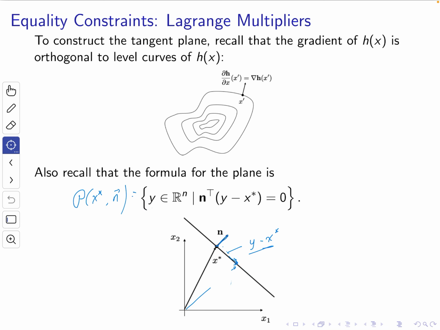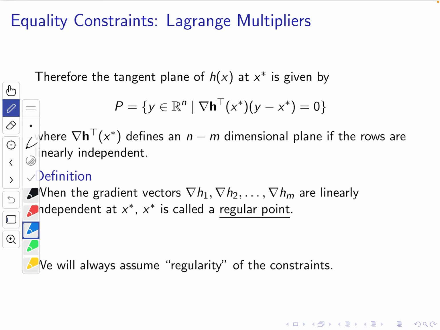We know that this tangent plane is going to be orthogonal to the gradient vector. So the tangent plane of h at x star is the set of all y's, using our previous equation for a plane, so that y minus x star is orthogonal to the gradient of h.